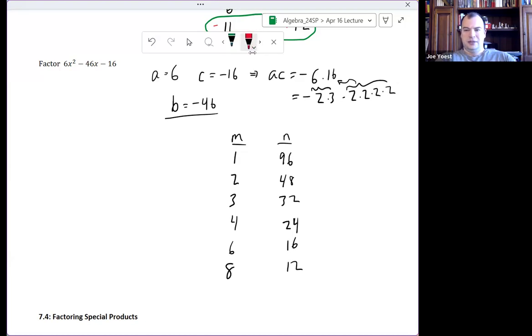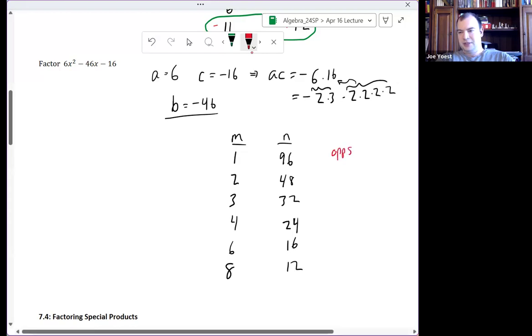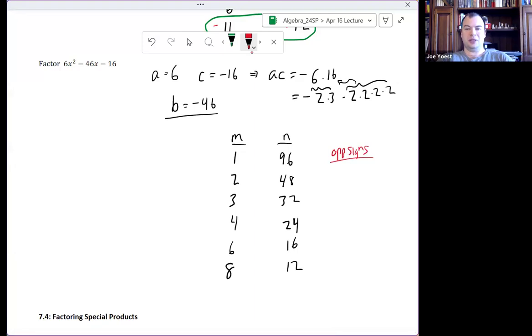So we've got the size of our numbers right. Now what about the signs? We need to have opposite signs, because AC has to be negative. We also need to add to a negative, which means the larger number has to have the negative sign.